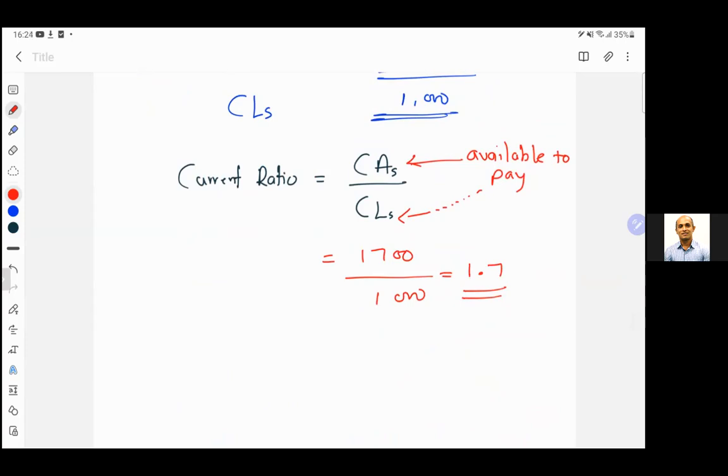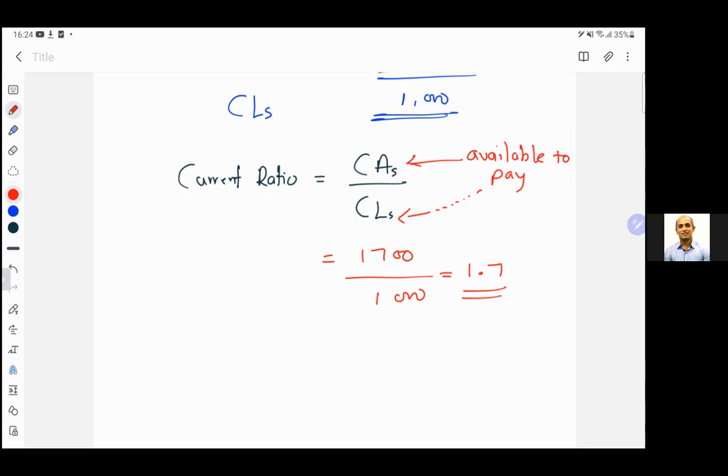Now you see, you logically think and calculate the ratio. This is what analysis requires, otherwise your analysis is meaningless. So you should every time think logically when you do the analysis.